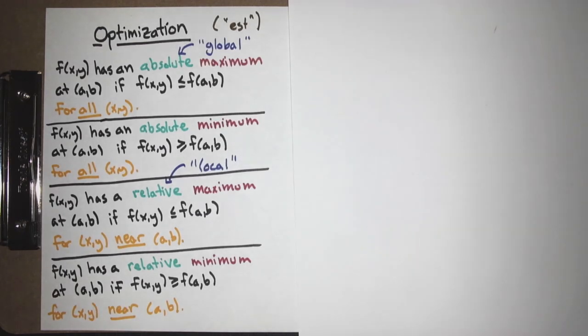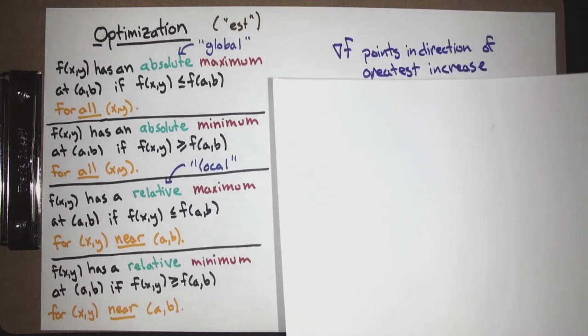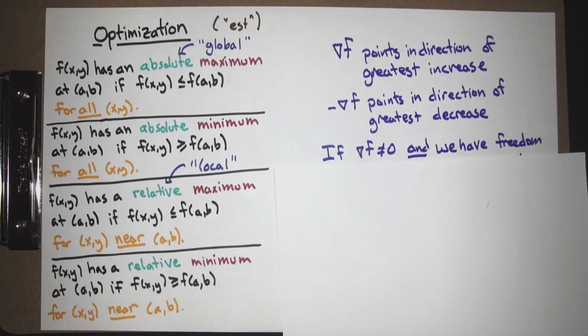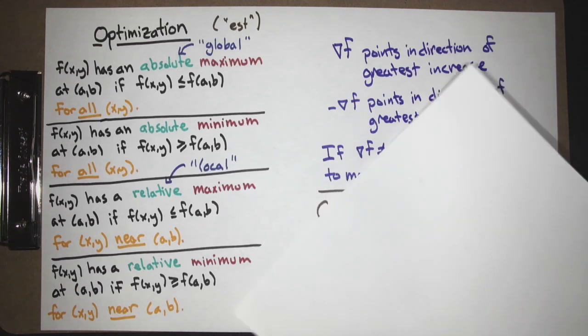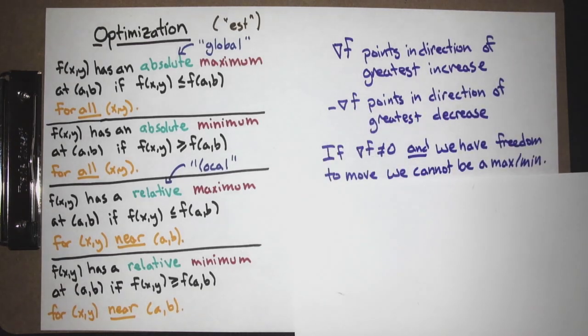All right, what's the question? How do we find these? Here's an idea. If you channel your inner single variable calculus, what would you be looking for? Slope equals 0, derivative equals 0.